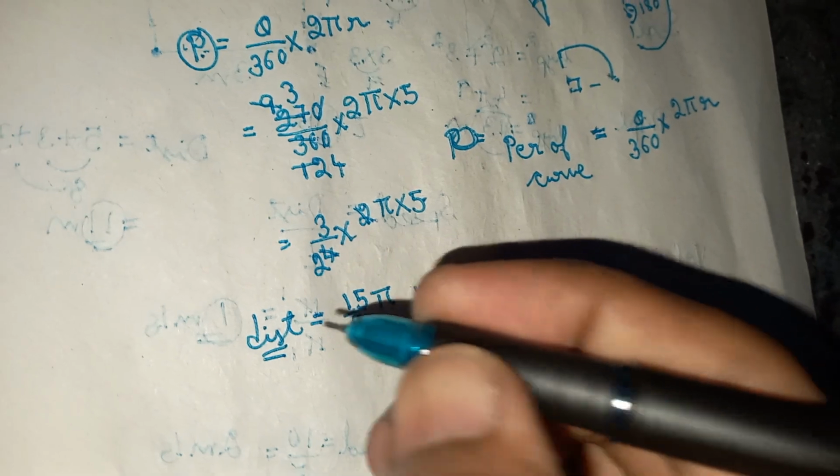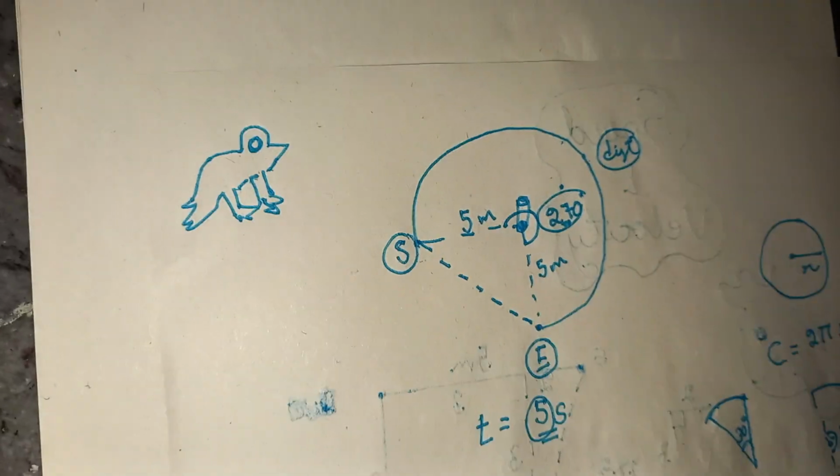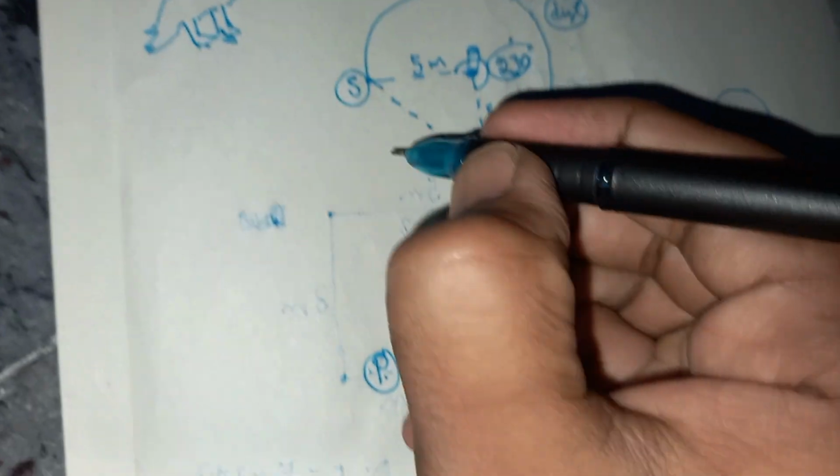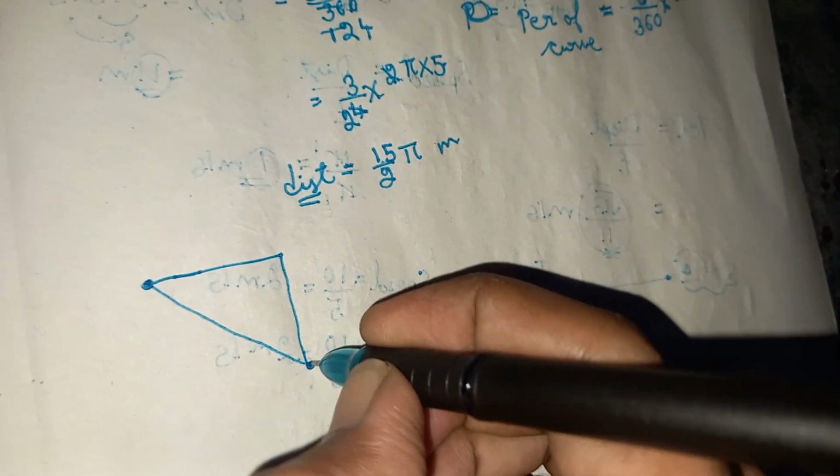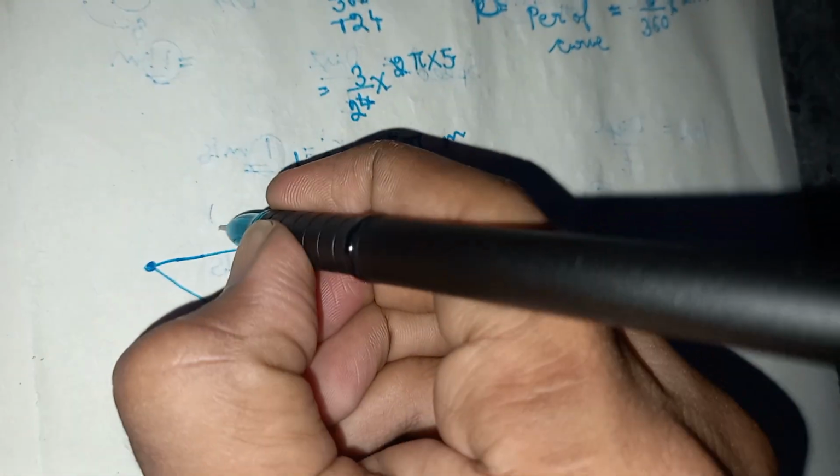Now you can calculate the displacement also. Displacement means you must take this smaller one, that is the triangle. If you take this triangle, you get the minimum distance. It is a right angle triangle with a hypotenuse.